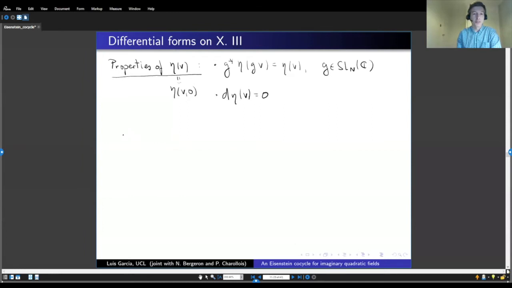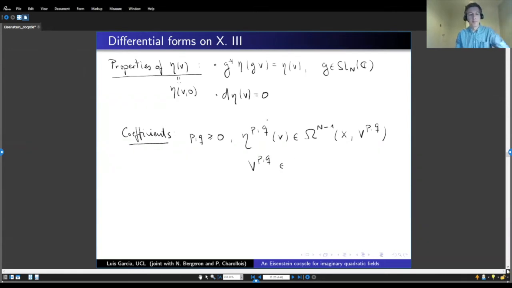And I can also consider a version with coefficients. If you take two non-negative integers p and q, you can introduce a form that I denote eta pq of v, which is an n-1 form valued in the space BPQ, which is just this tensor. And this is given by the following expression.